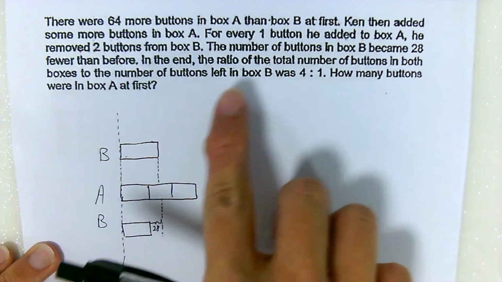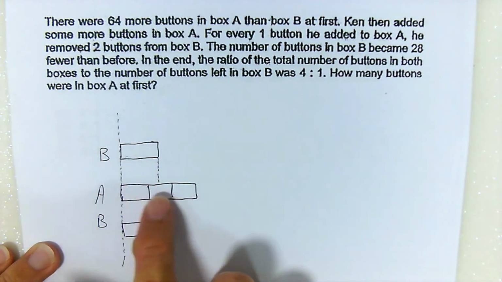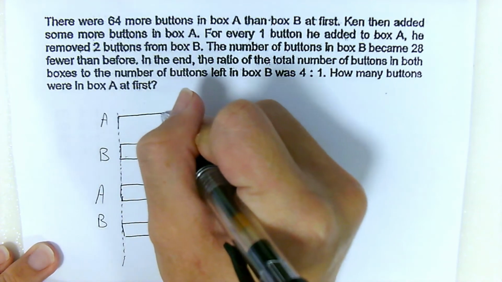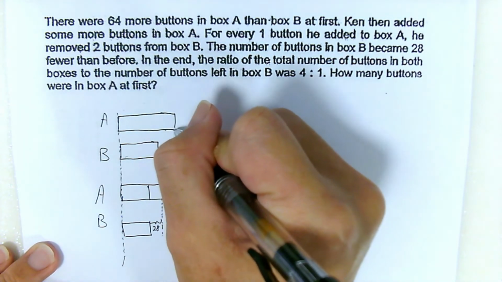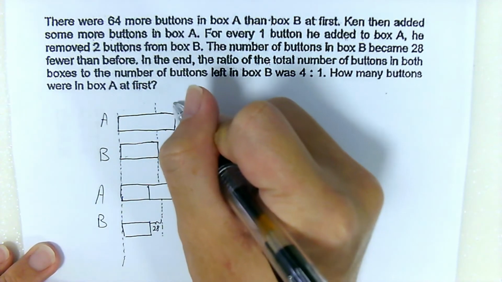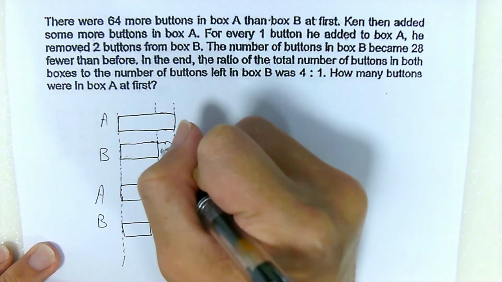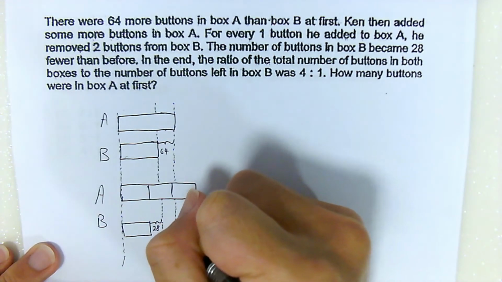And then your A, they added something to A for A to become this big, which means that originally it's supposed to be smaller. But we just know that it is 64 more than B. I like to draw this comparison line. In the beginning, A has 64 more than B. All these are what I call comparison lines.